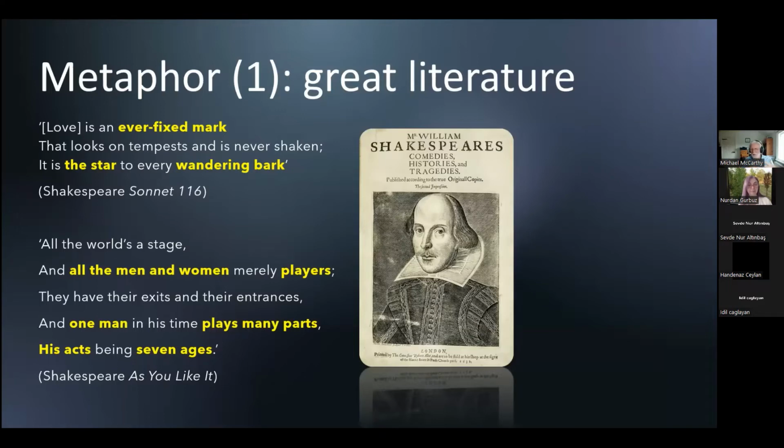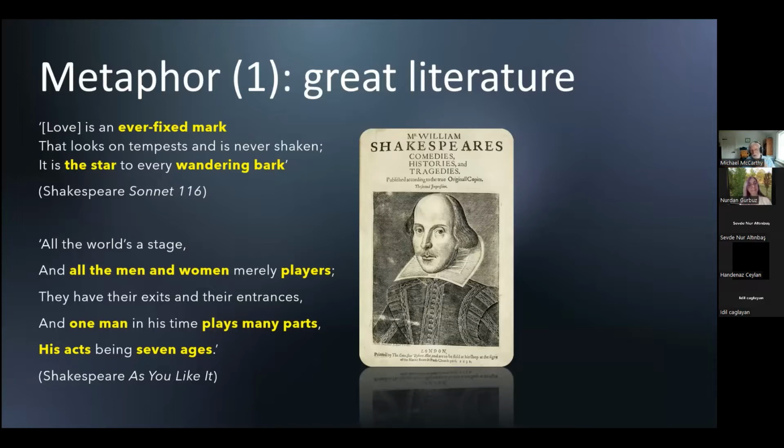So here we have good classic examples of metaphor. So if you are a student of literature, you say, yes, this is what Shakespeare is saying, that love is like a star which guides a ship. So when you are in love, you look to this star for guidance of how you're going to act, all the things you're going to do, the way you're going to behave, etc.